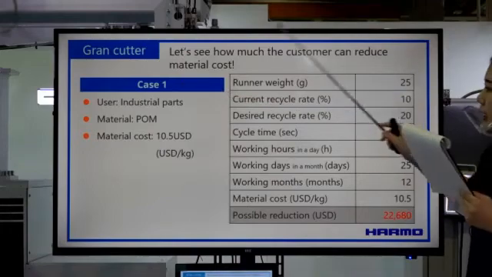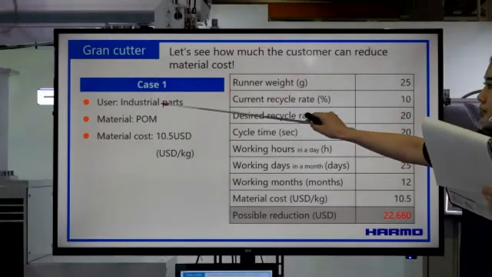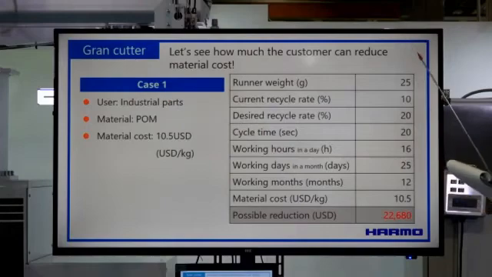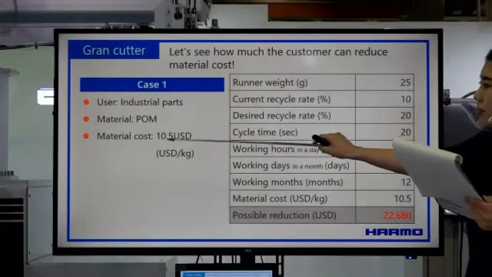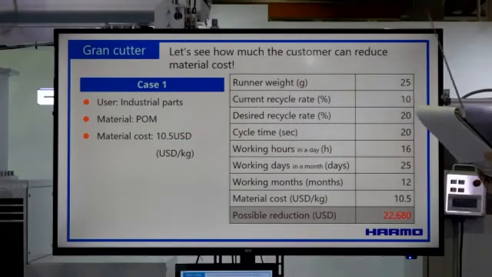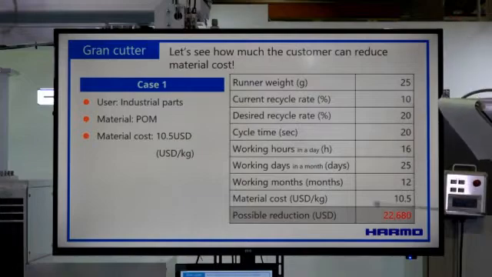So here is example case number 1. This customer is using POM for industrial parts, and the material costs $10.5 per kilogram. Calculating using the collected information, this customer can save $22,680 in total for 12 months. Now you may think, where did this number $22,680 come from?